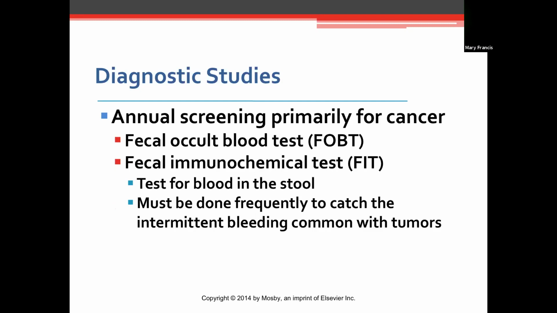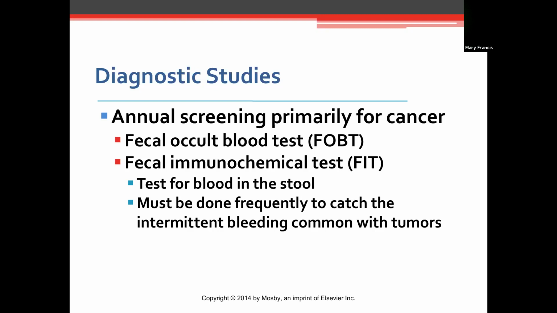Tests for blood in the stool must be done frequently to catch intermittent bleeding that occurs with tumors. Sometimes a tumor is present, but it doesn't bleed all the time. So they could become confident that they don't have cancer, but it was actually a false negative. The FIT looks for blood in the stool. Stool tests can be done frequently, and you can detect that.